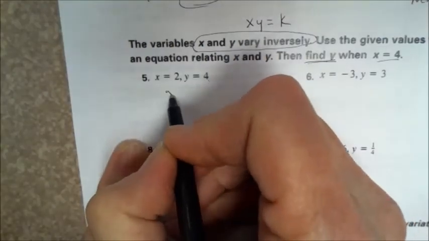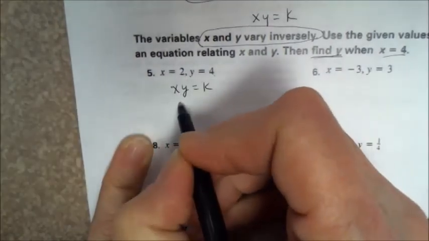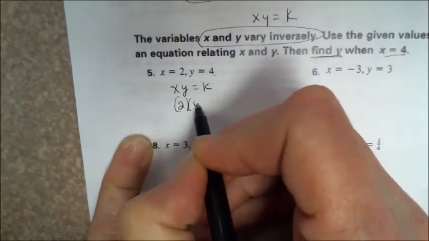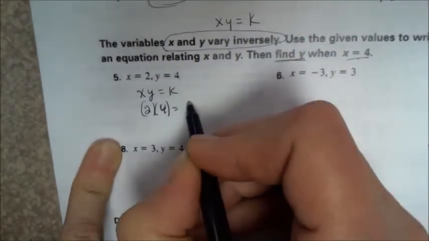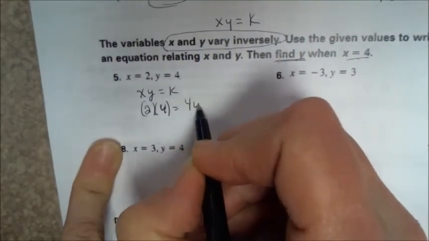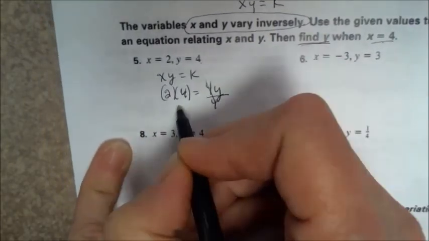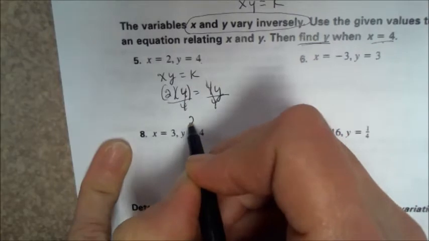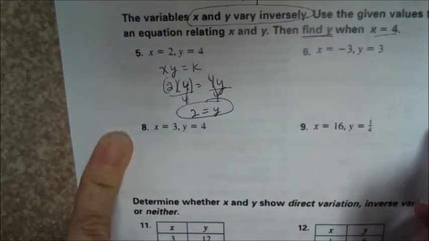So x times y is always equal to the same number. When x is 2 and y is 4, that's 8. So when x is 4, what is y? Divide both sides by 4. You get 2 is equal to y. So there's your first answer.